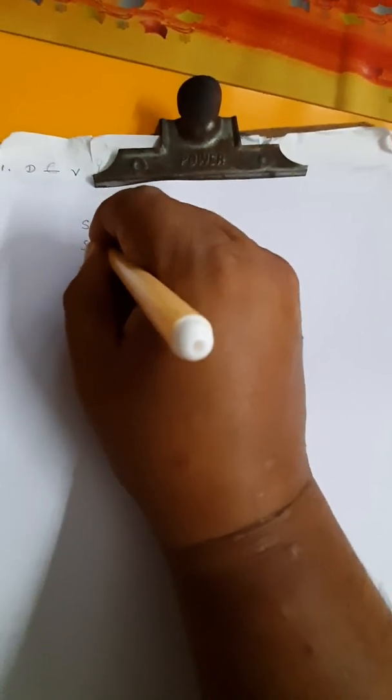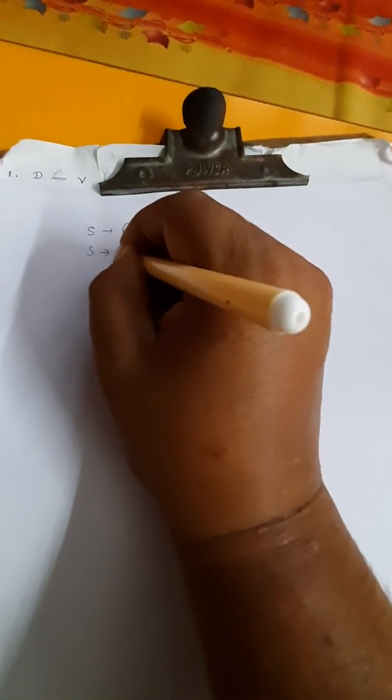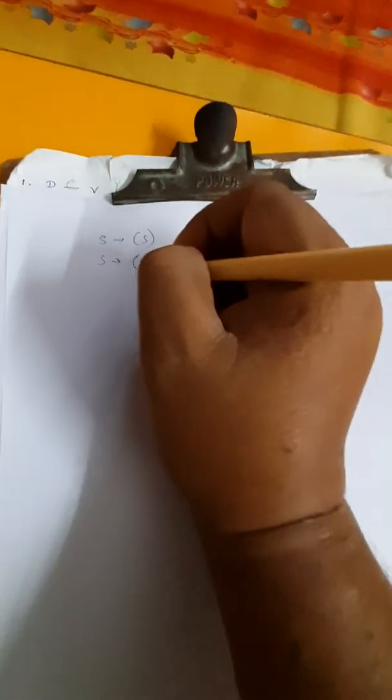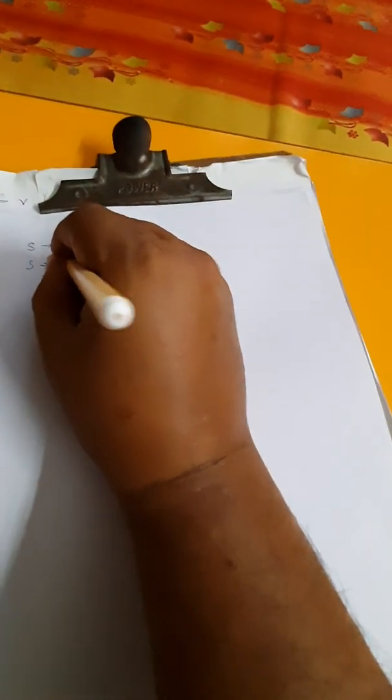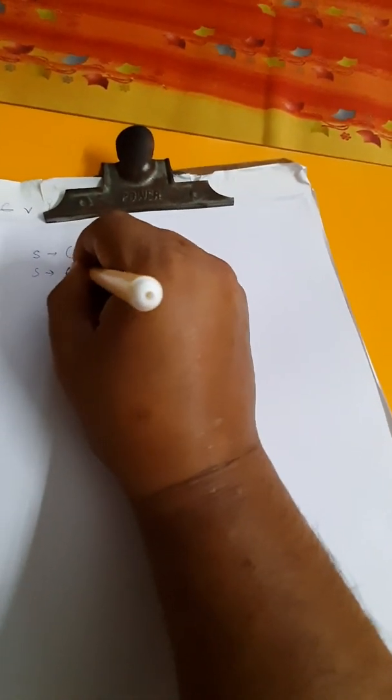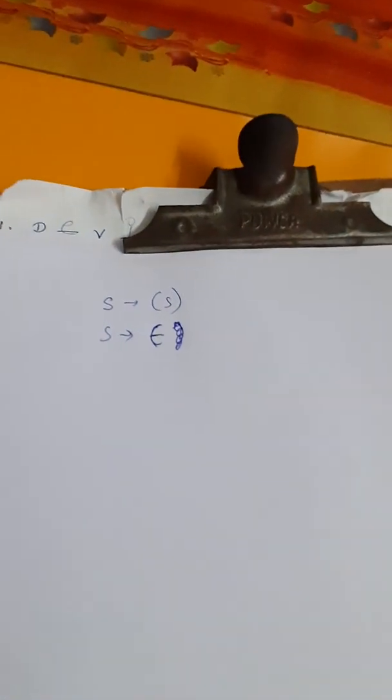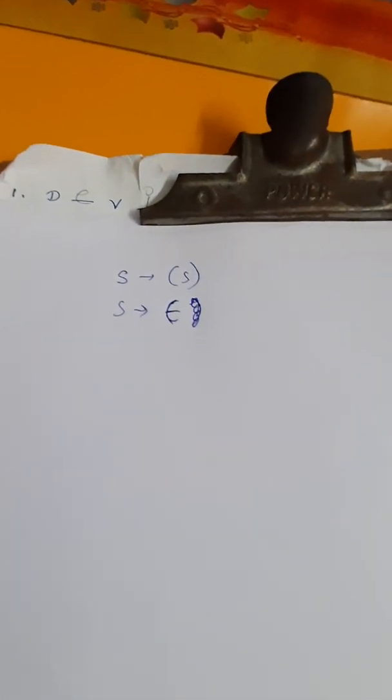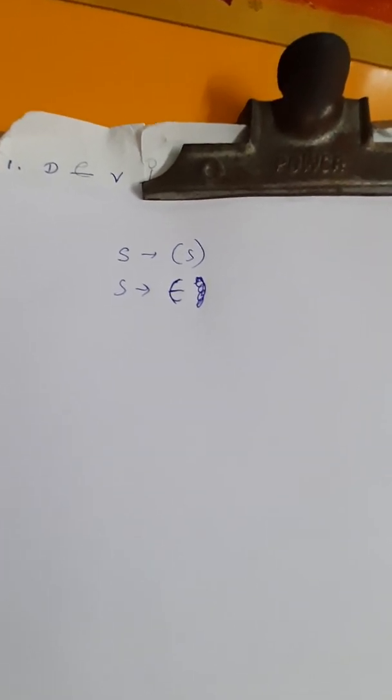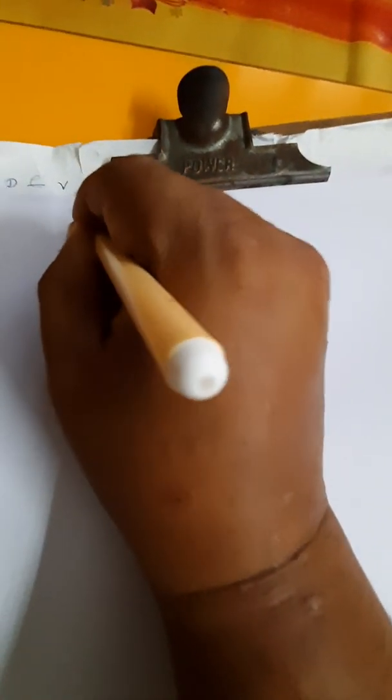Suppose S produces (S), and S produces epsilon. So here capital S is the non-terminal, and the terminals are open brace and closed brace. So this is the given grammar. First our task is to find the augmented grammar, which is very easy, as we have learned. So this is the augmented grammar.